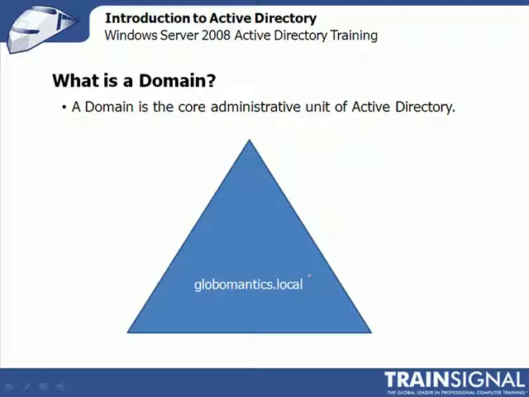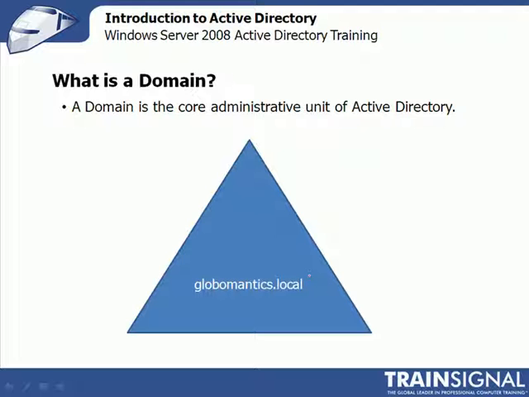It's that the definition of what a domain is has changed over the years since Active Directory was originally rolled out with Windows 2000. And as a matter of fact, domains themselves existed before Active Directory. Okay, domains were part of directory services even back in the days of Windows NT.